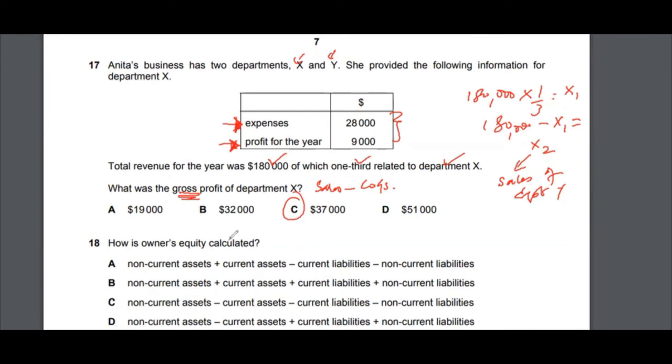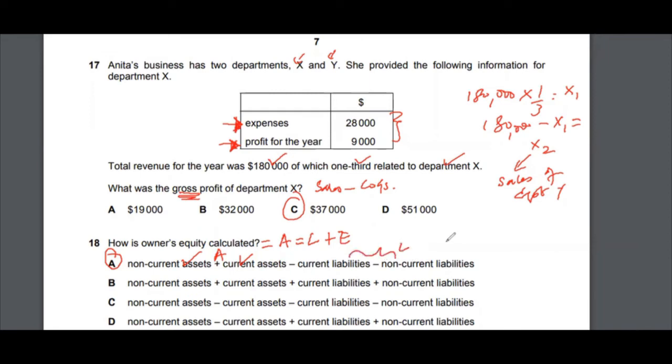Let's look at multiple choice 18. How is owner's equity calculated? Here you just need the knowledge of the accounting equation, that is assets equal liabilities plus equity, right? That's what is needed. The answer to multiple choice 18 is option A. Non-current assets plus current assets is total assets, minus current liabilities and non-current liabilities, right?